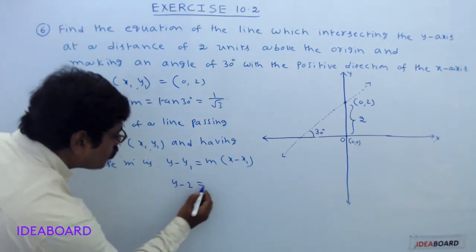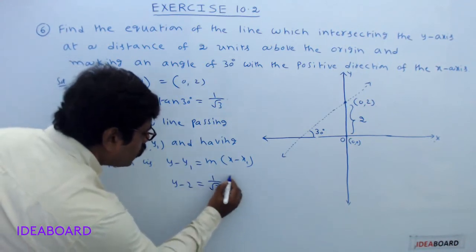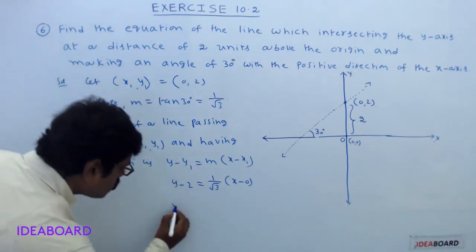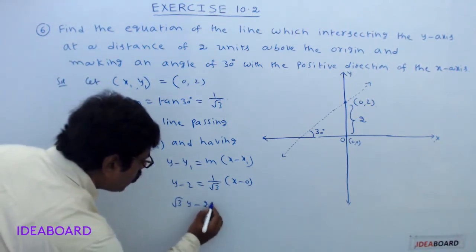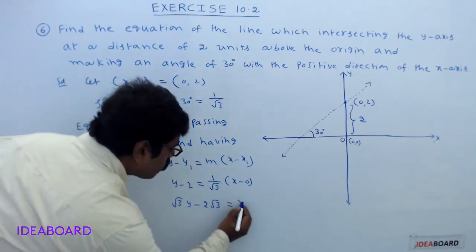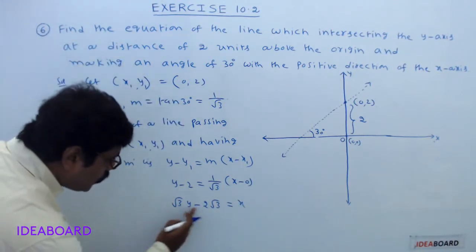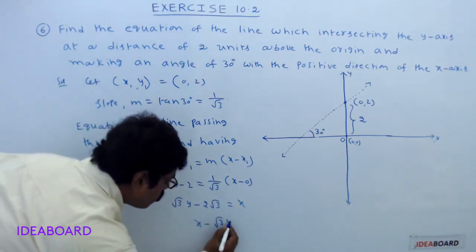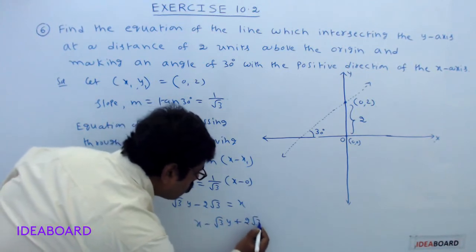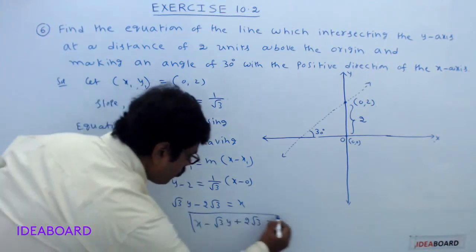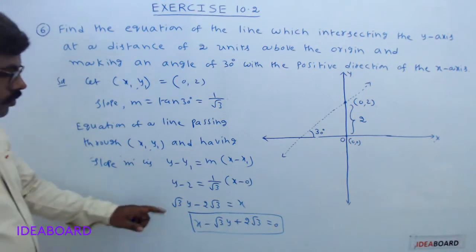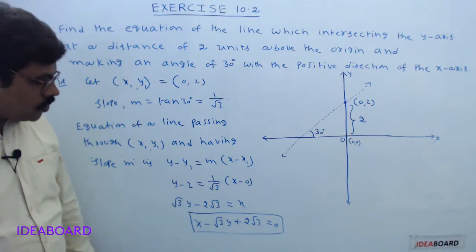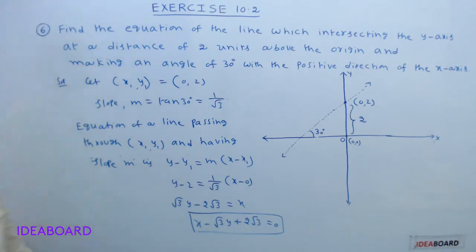Y minus 2 equals 1 by root 3 into x minus 0. Now do the cross multiplication. Root 3 into y minus 2 root 3 equals x. So bring these two terms from LHS to RHS. X minus root 3 into y plus 2 root 3 equals 0. So therefore the required equation of the line is x minus root 3 into y plus 2 root 3 equals 0.